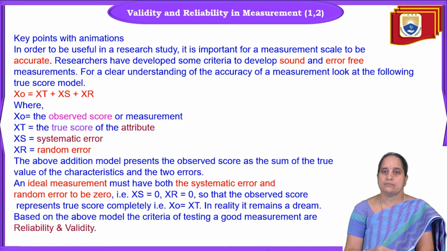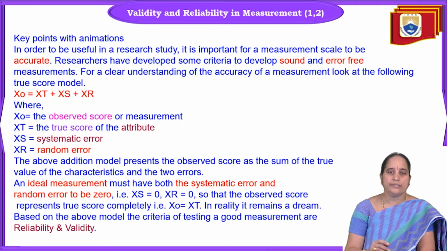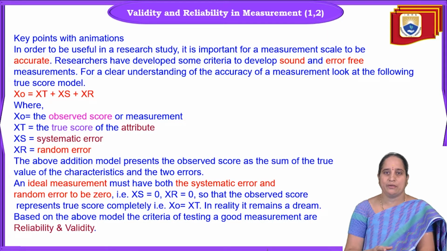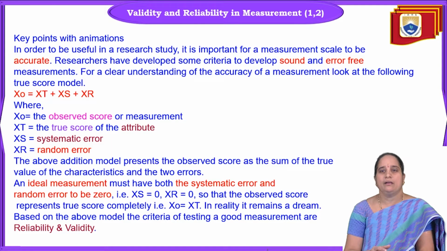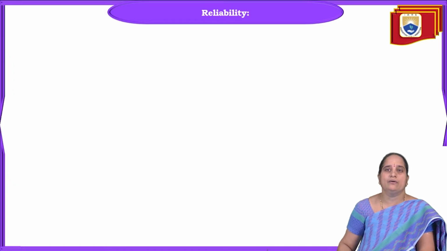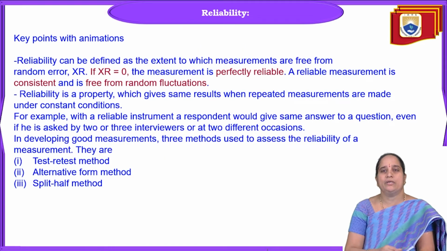So in real life, systematic error and random error never equal 0. Based on the above model, testing a good measurement depends purely on the reliability and validity of data. The first one is reliability.